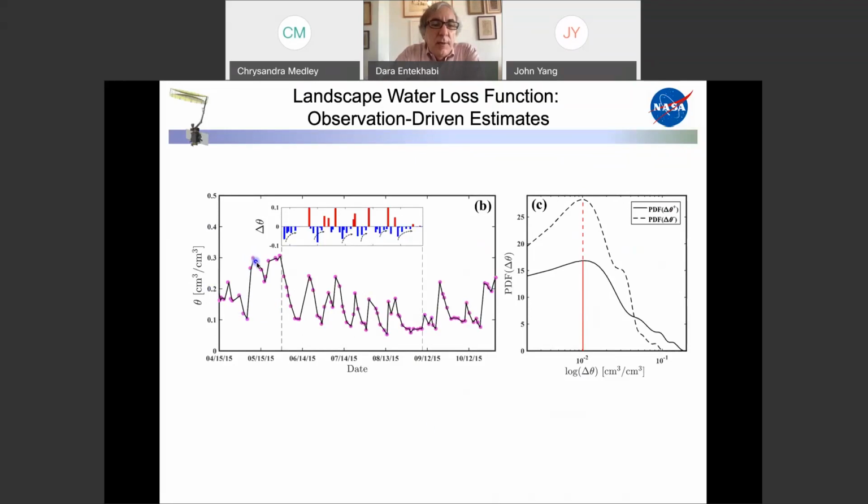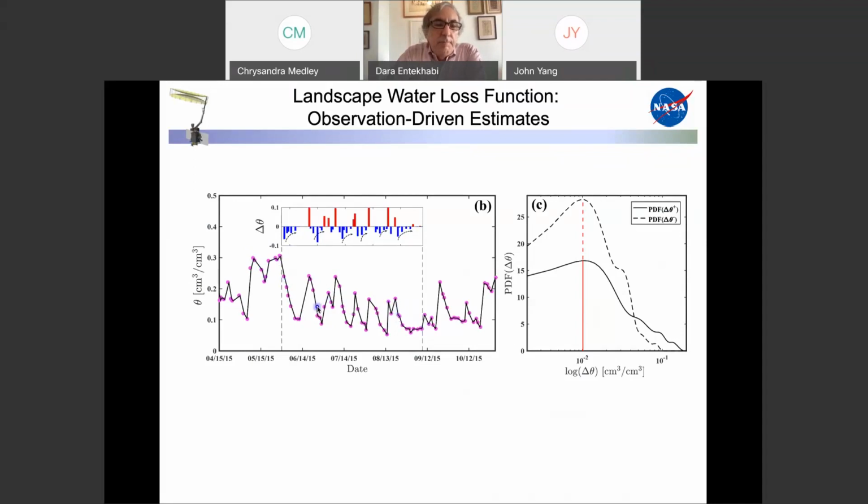Then you have a period of dry down where the water drains out of the landscape and evaporates. Then there's a precipitation event again. Then there's a long dry down, another event. So you have these sort of punctual increases in soil moisture due to precipitation, and then these dry downs due to evaporation and drainage.